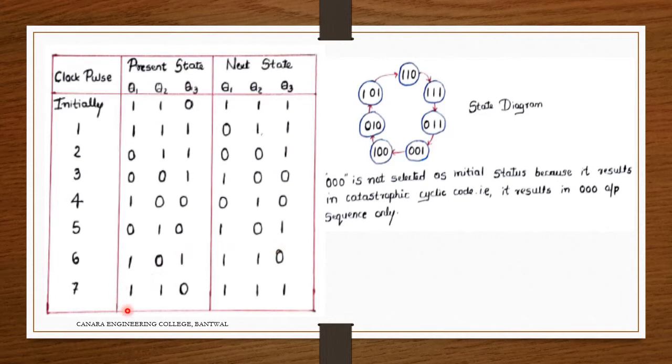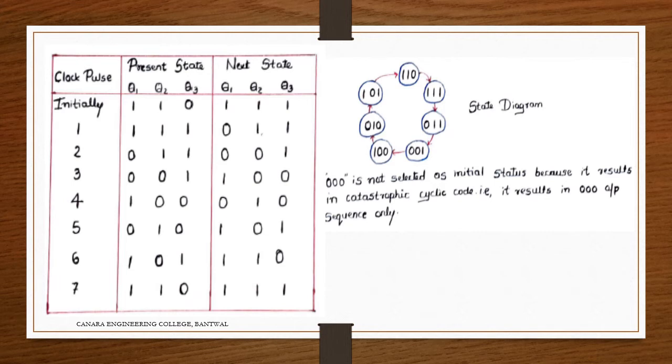The same thing again, the next clock pulse 1 1 0, 1 and 0 gives 1, Q1 to Q2, Q2 to Q3. Have you observed here that this state and this state have been repeated?